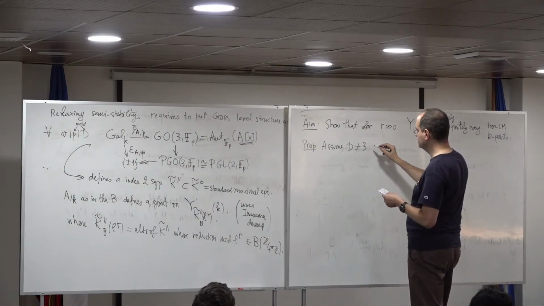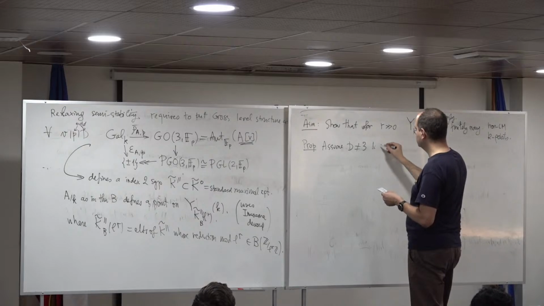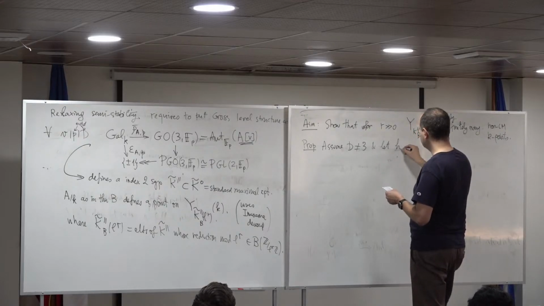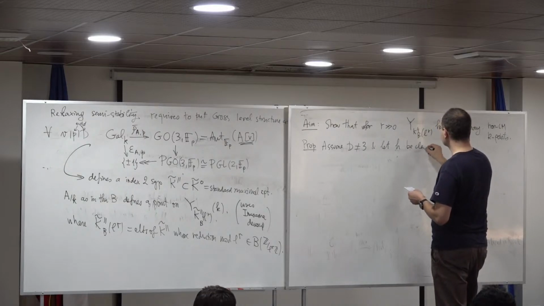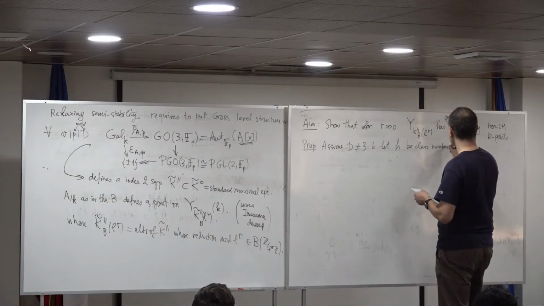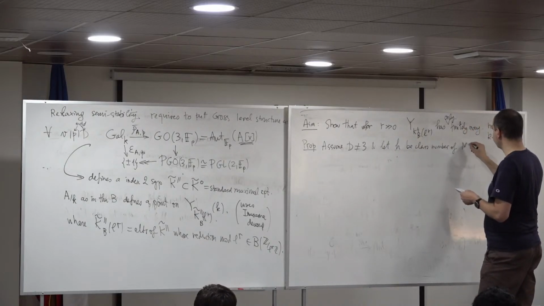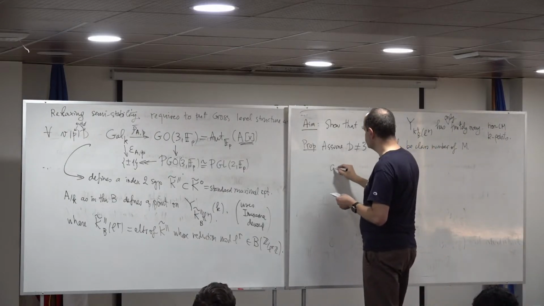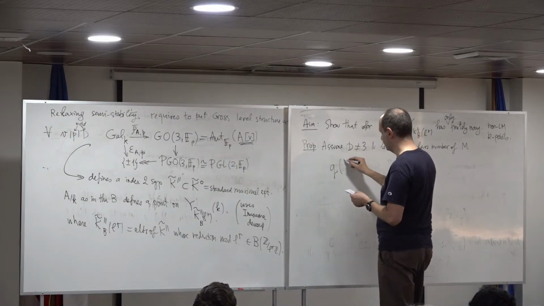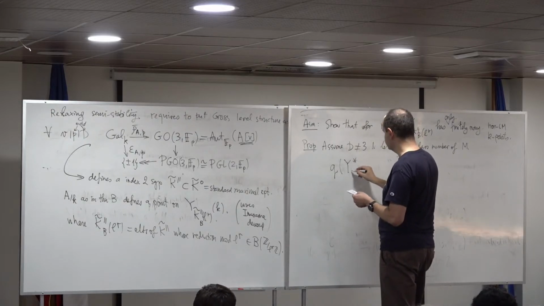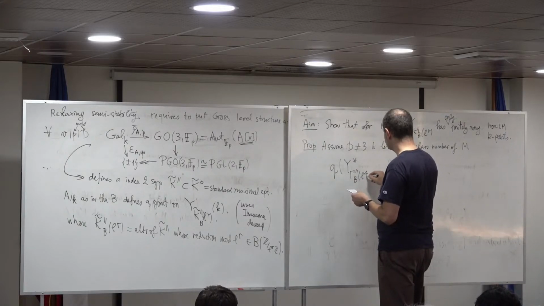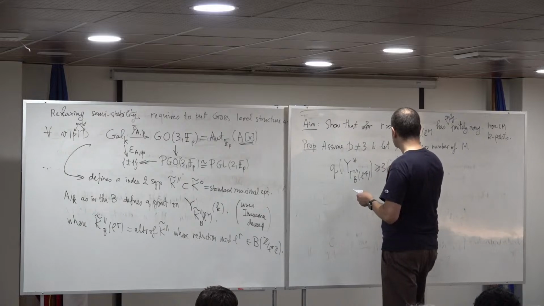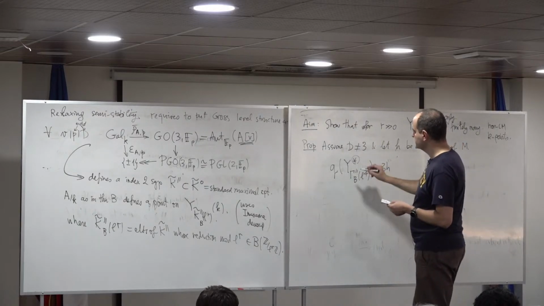So assume that D is different from 3, and let h be the class number of K. The proposition is that the irregularity of the minimal compactification of this, okay, I'll put gamma, so let me explain this. So this is the irregularity.